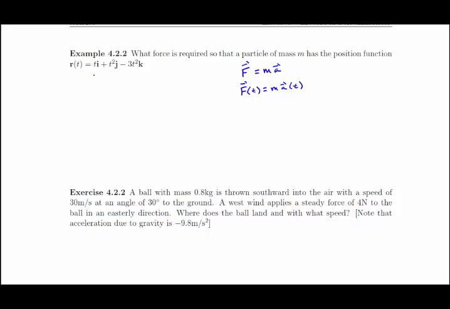So given r of t equals t i plus t squared j minus 3t squared k, we have our velocity function v of t equals i plus 2t j minus 6t k. And that's just by taking the derivatives of the components of our position function.